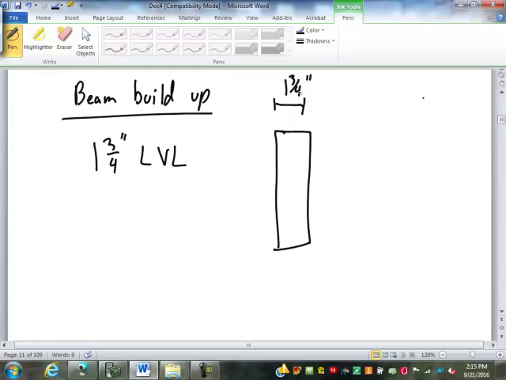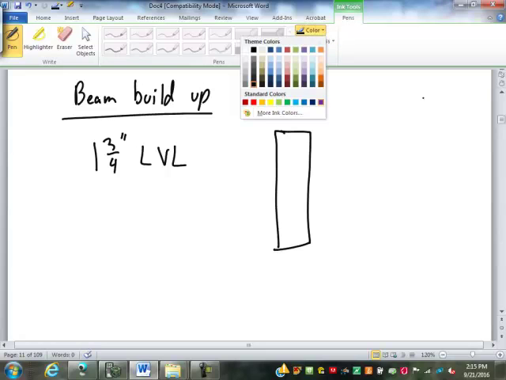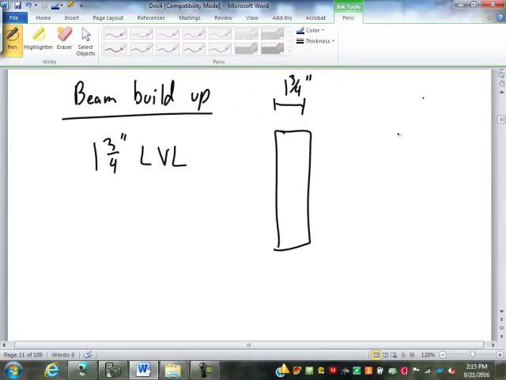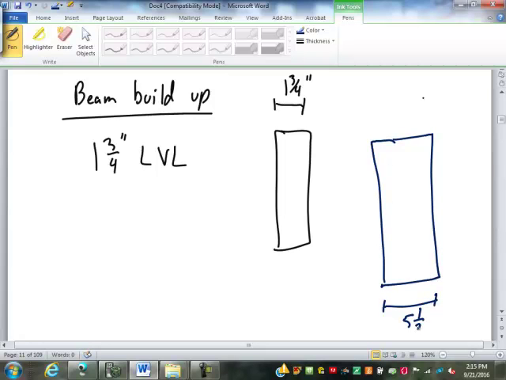So what we have is a wall that is 5.5 inches wide total. We are going to use 3 of these LVLs to build a beam that sets in that wall.